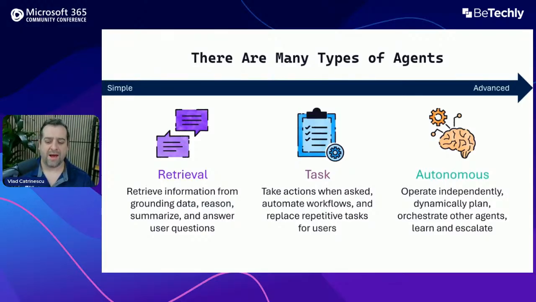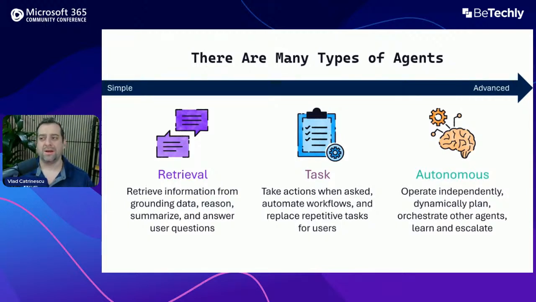And finally, we have autonomous agents. Autonomous agents are agents that will not wait for you to interact with them. Most of the experiences that we've had so far with AI tools, think of ChatGPT, Gemini, Copilot of course, you're the one that has to do the first step.